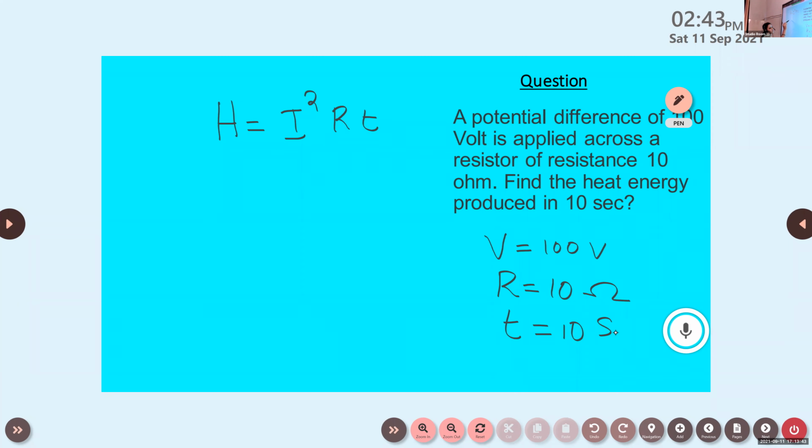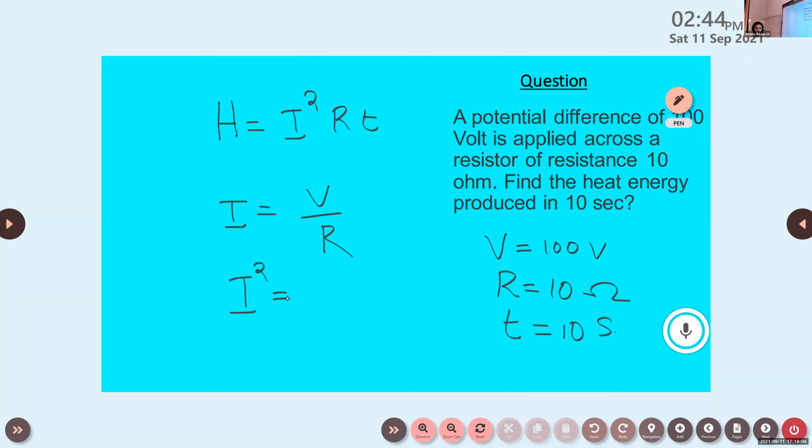We know that V is equal to IR, or I is equal to V by R. Then what is I square?